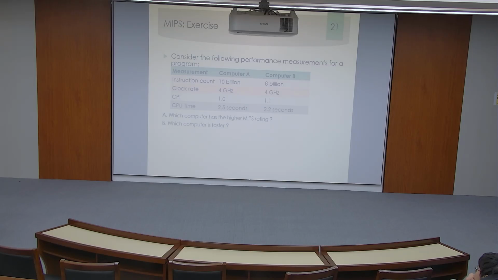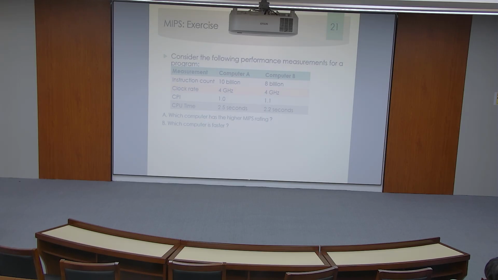For computer B, we have 80 billion as instruction count divided by execution time for computer B, that is 2.2 seconds times 10 to the power of 6. How many million instructions per second for computer B? 3,636.